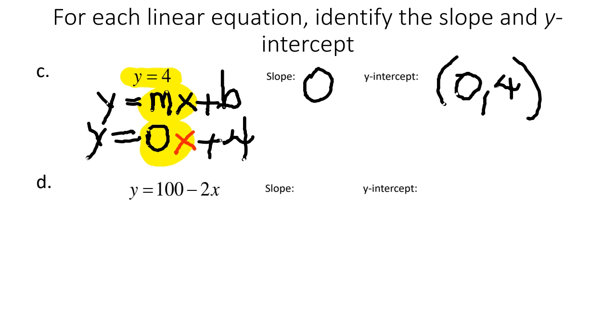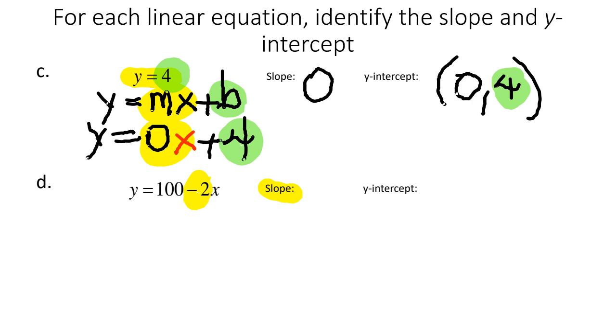This is my b. Now the last one, I'm just writing it differently. My slope is what's in front of x. Well, notice I put the negative 2x behind the 100.